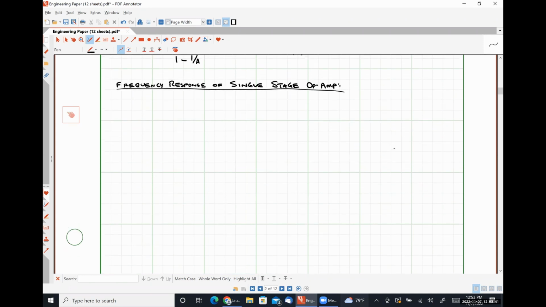Our single stage op amp circuit, which I'm sure you guys know what this looks like, but I'm going to draw it for a specific purpose here. Looks something like this.